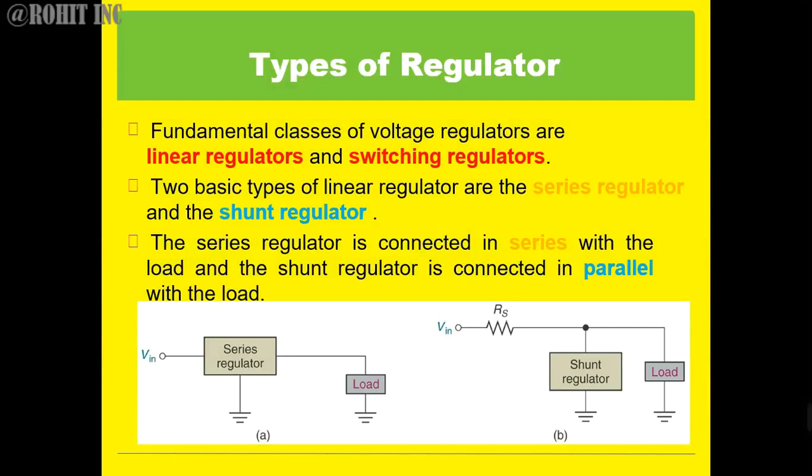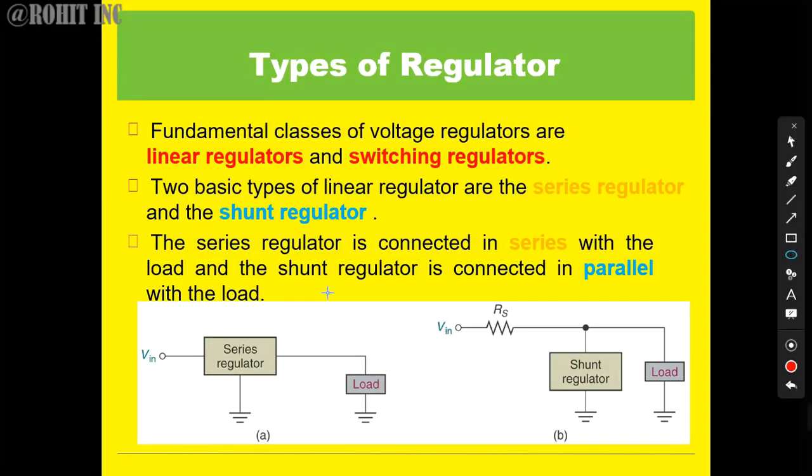The series regulator is connected in series with the load and the shunt regulator is connected in parallel with the load. You can see in the diagram, I can highlight it for you. This one is the first diagram. As you can see, here it is connected in series.